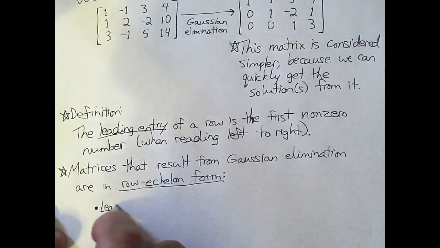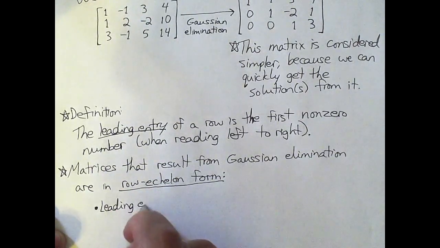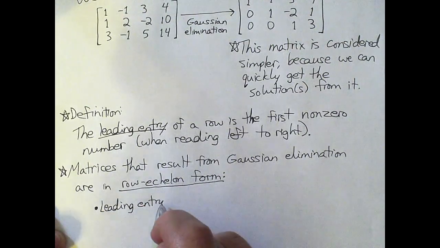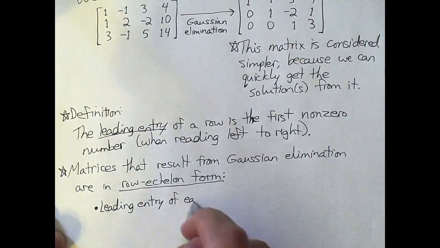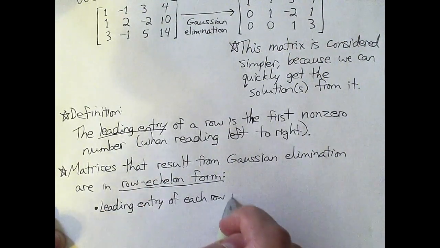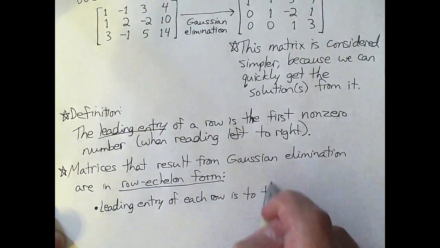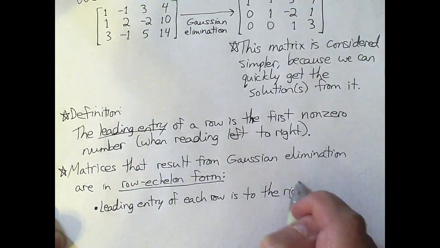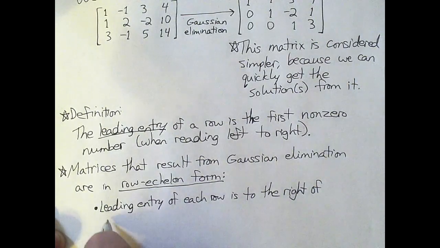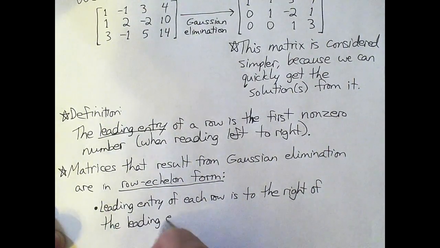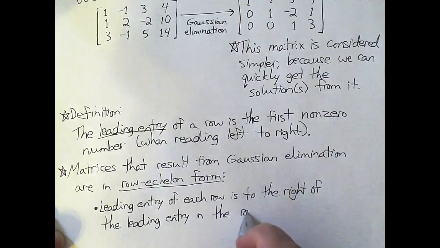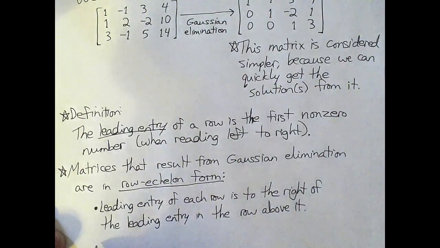First of all, the leading entry of each row is to the right of the leading entry in the row above it. And one other thing.